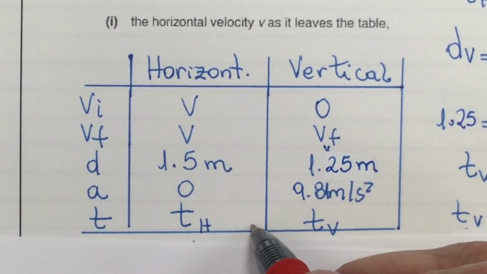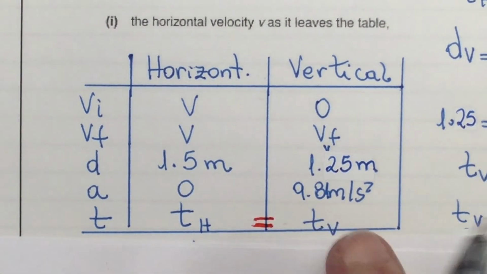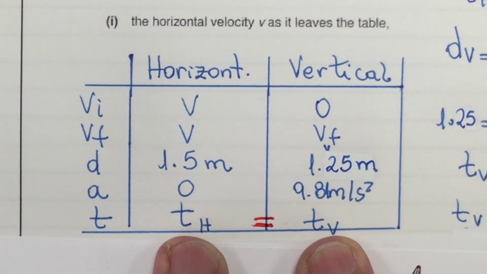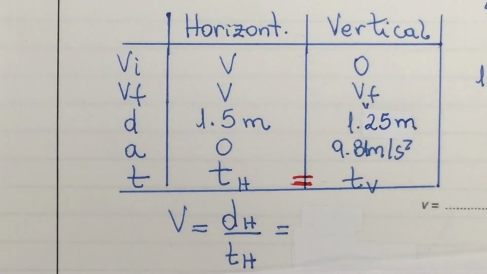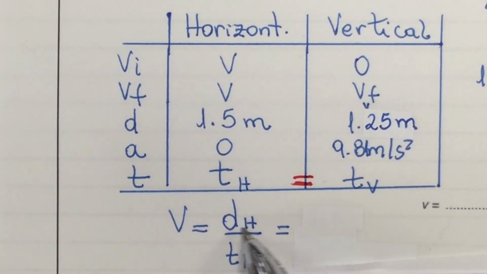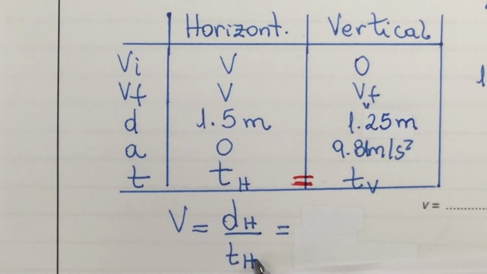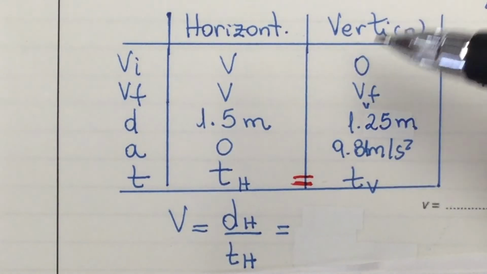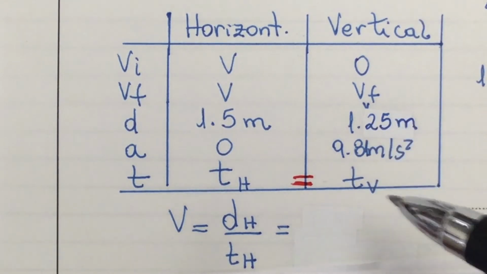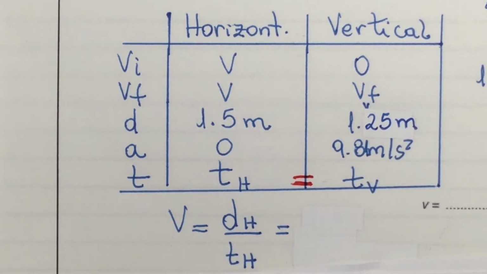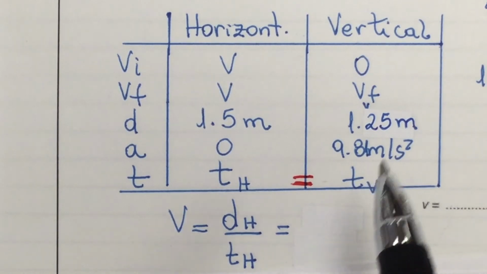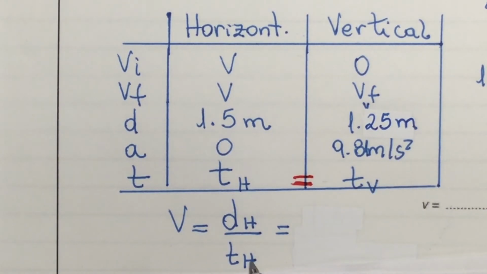However, those two times are the same, the horizontal and the vertical time. To find the horizontal velocity, I have the horizontal distance but not the time. So I'm using the values of the vertical table to calculate this time, since they are equal.